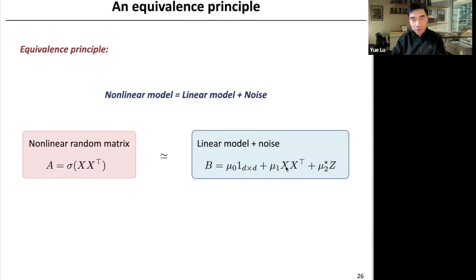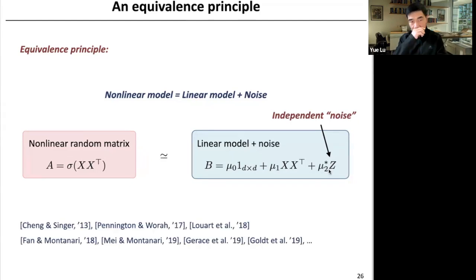The second is the empirical covariance matrix X times X transpose, weighted by another scalar mu1. The third is an independent noise matrix Z, an independent symmetric Gaussian matrix with an additional scalar parameter mu2. In other words, this nonlinear matrix is equivalent to a linearized version of itself plus additional independent noise. This is the so-called equivalence principle.